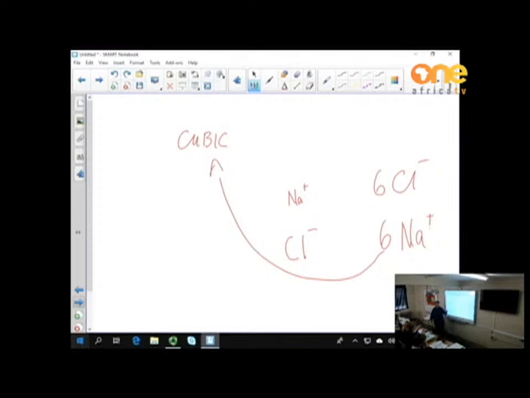So please take note, sodium chloride with the arrangement of 6 sodium ions surrounding each chloride ion, and around each sodium we have 6 chlorides in 3 dimensions. It's impossible to draw because I can't go in front and back. But if you go on YouTube, you will find the molecular shapes that they build with models.